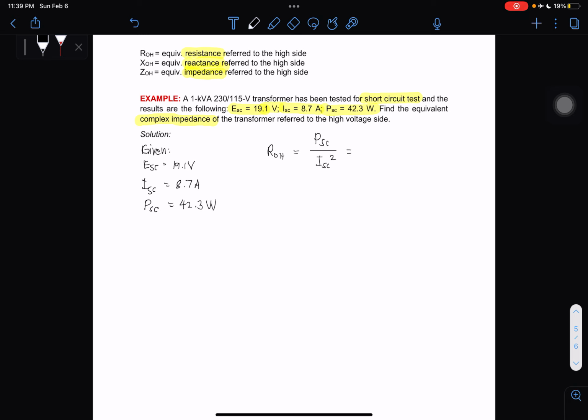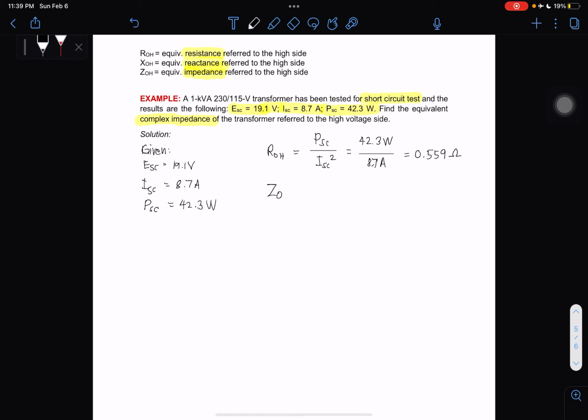PSC is the wattmeter reading, so we have 42.3 watts divided by the ammeter reading in the short circuit, 8.7 amperes squared. The equivalent resistance on the high side will be 0.559 ohms.